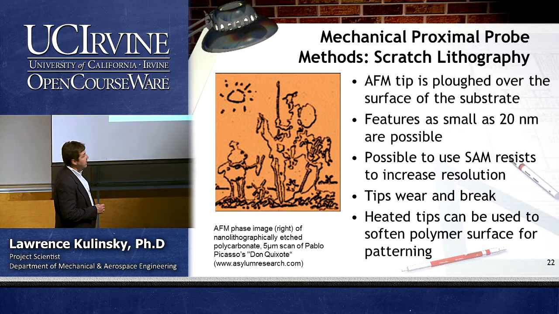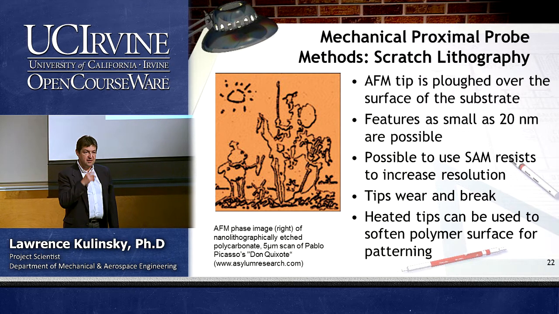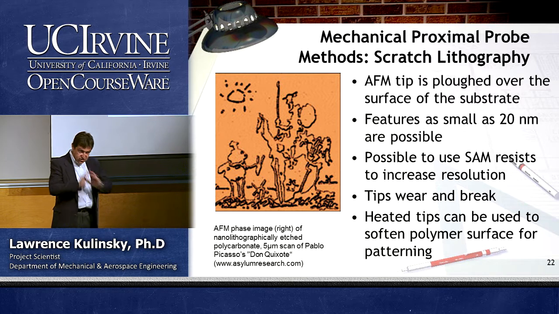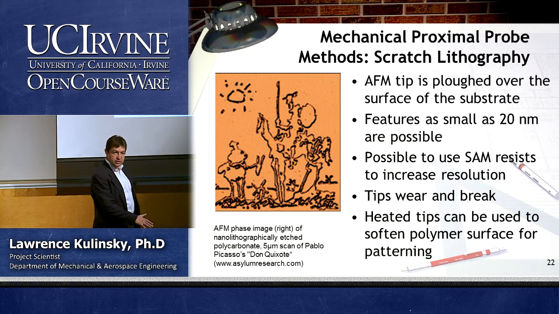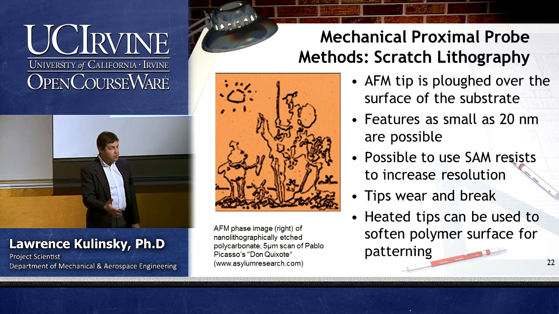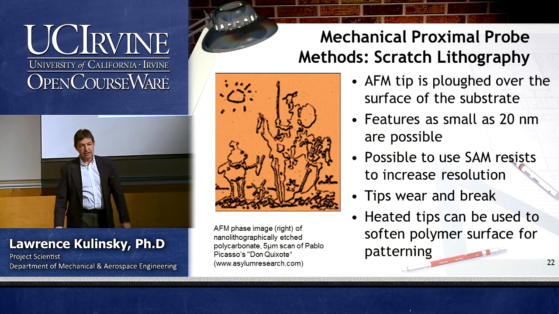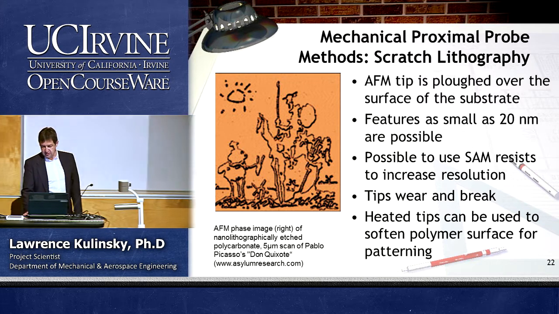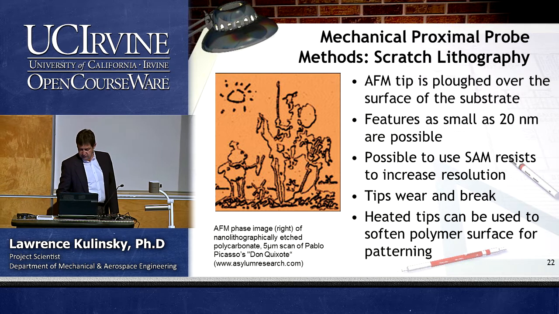You can also scratch a resist, for example, and just open the window. It's not very sophisticated; you can just directly write it. And if you use self-assembled monolayers, you can have a very nice resolution, but even directly you can have about 20 nanometers. So incredibly fine resolutions are possible. And then you can use a heated tip to improve your resolution.